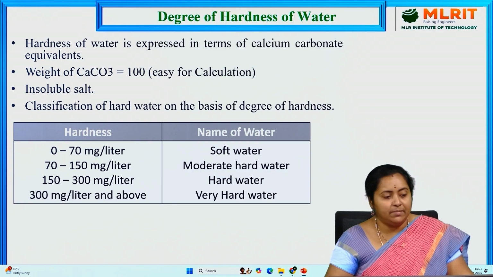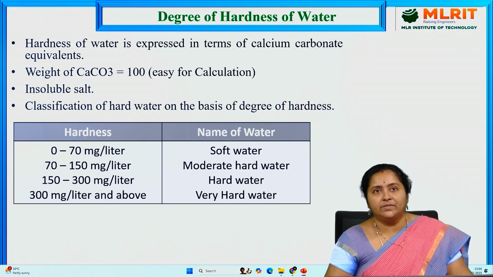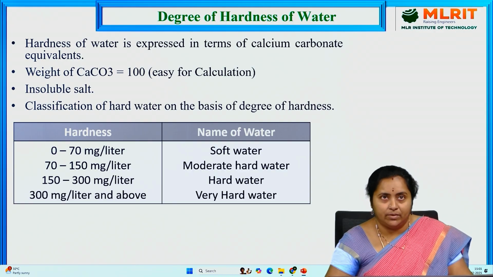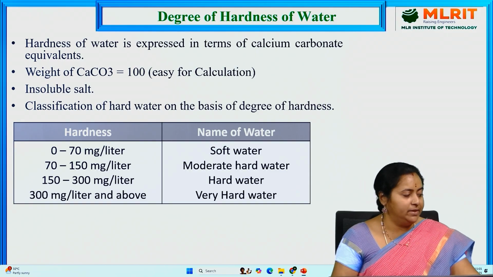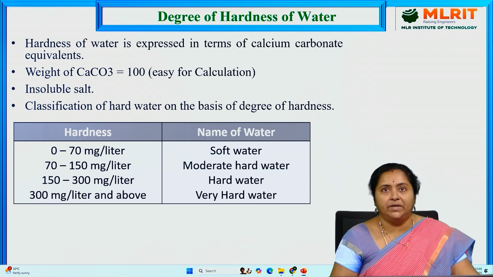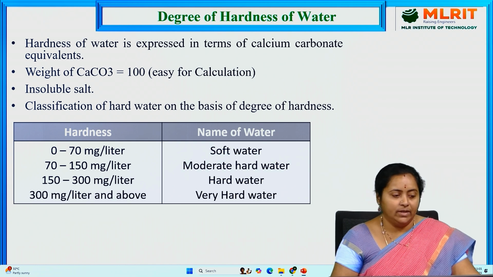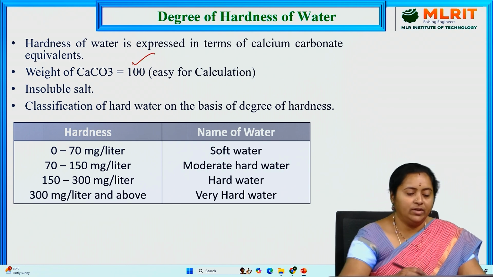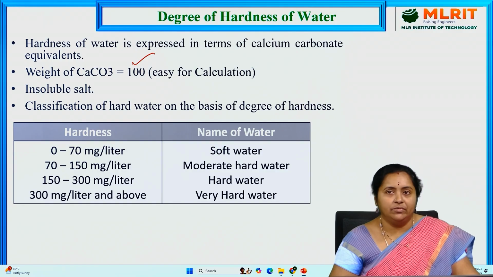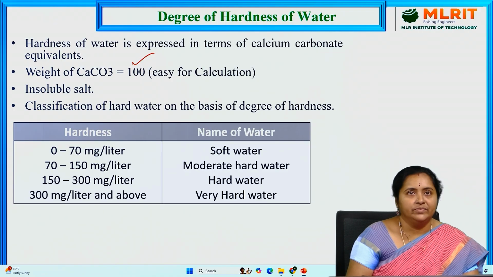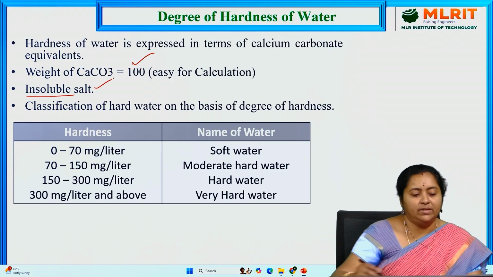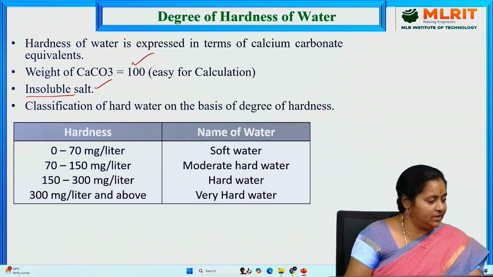In a similar manner, whatever be the type of salt of calcium and magnesium present in the water sample, during its purification or removal, it can be converted simply into insoluble precipitate of calcium carbonate. Moreover, its gram molecular weight is 100 grams and its equivalent weight is 50, so that it becomes easy for calculation while doing the problems and estimation. And it is insoluble in nature, so it can be removed by filtration technique.